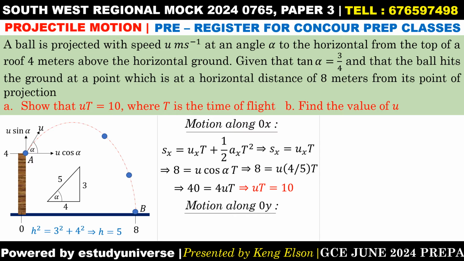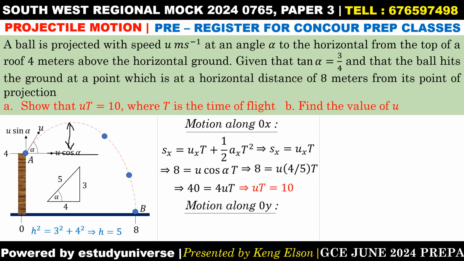Now this time of flight, which is capital T, in as much as it is the time taken to cover the total horizontal distance of 8 meters, it is also the time taken to cover the vertical distance of 4 meters plus this distance. Because the total vertical distance is actually this little distance up here.